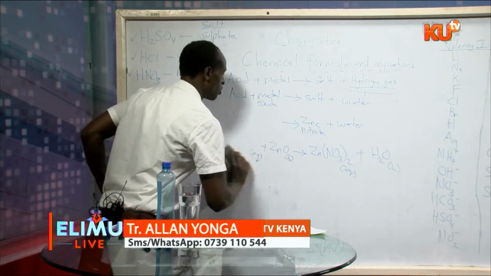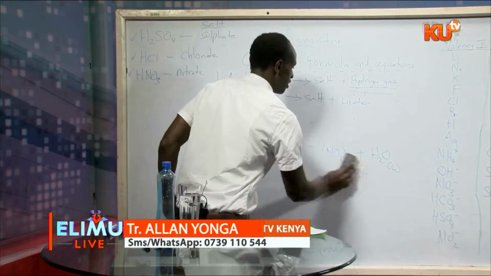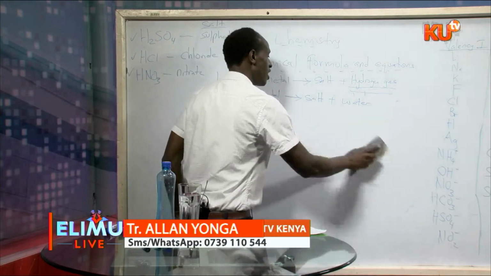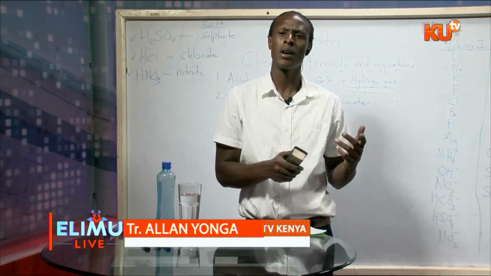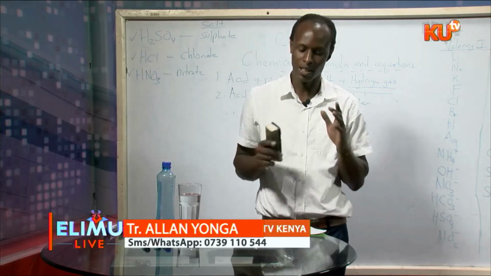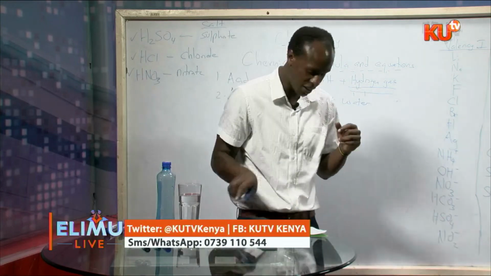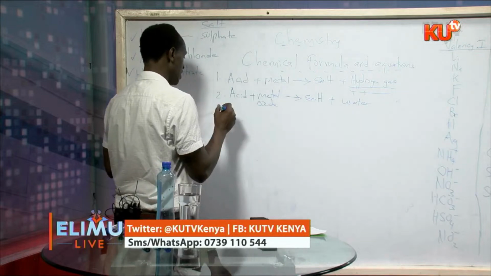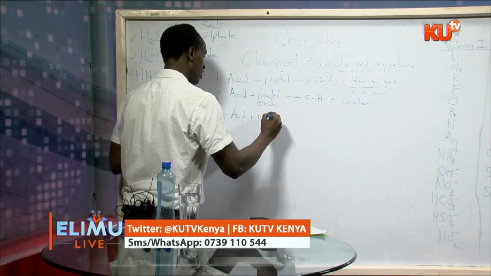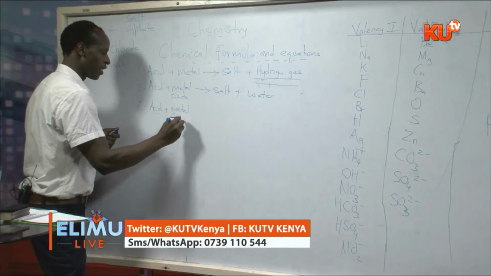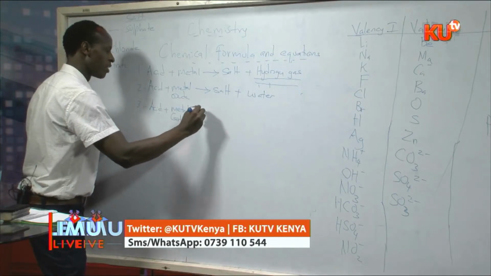The third reaction, which you'll always encounter in chemistry, is this. Most of the reactions involve an acid. That's the most common chemical in our lab, the acids. So we look at acid plus metal carbonate.